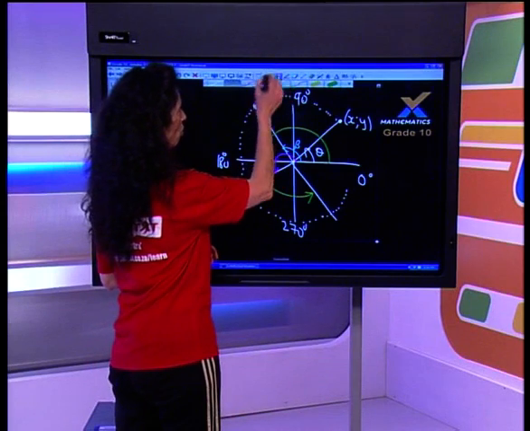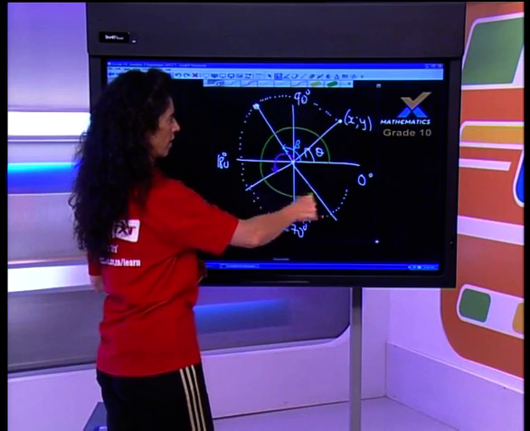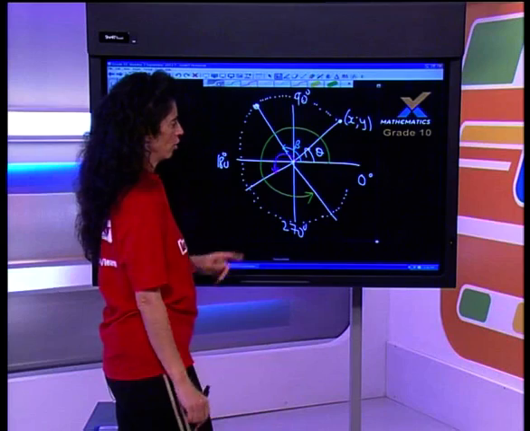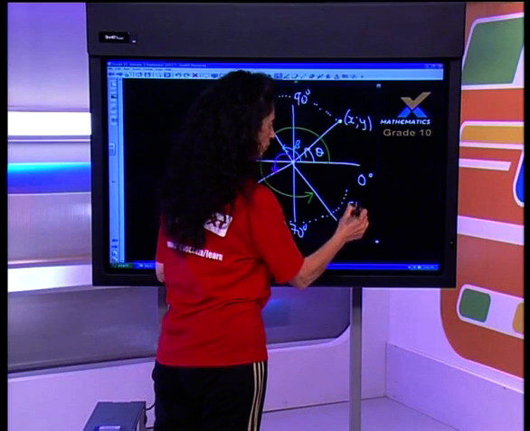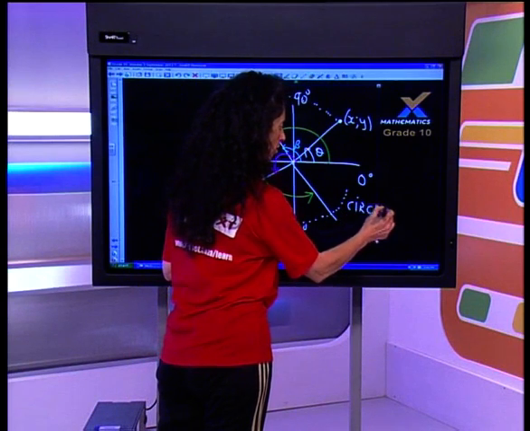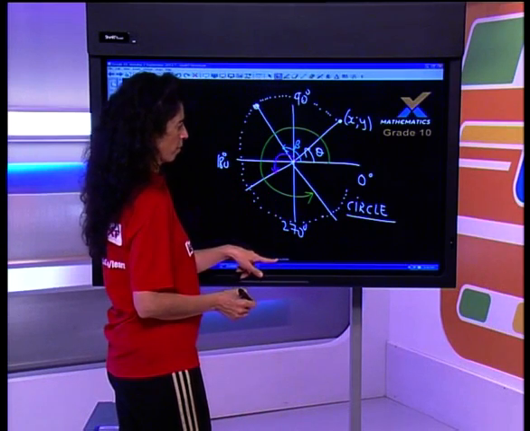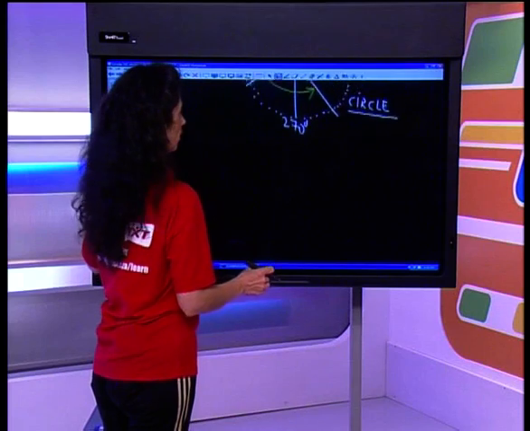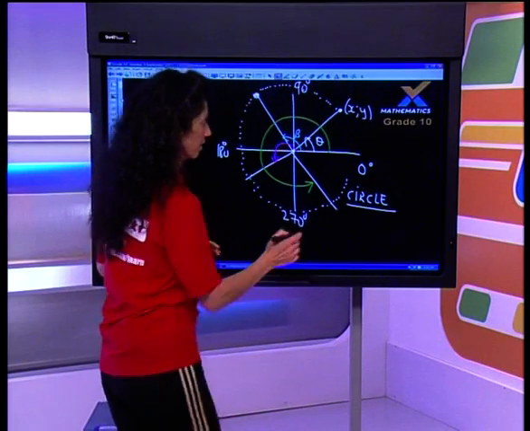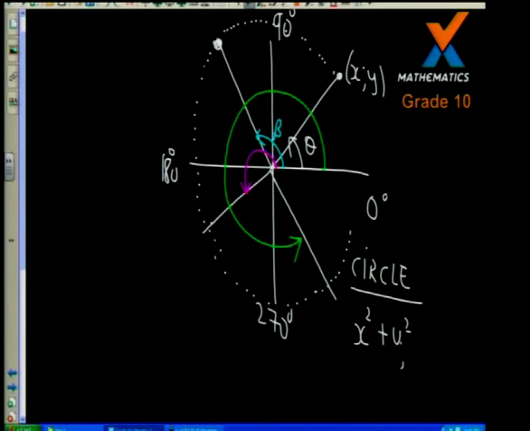And what we call the path that this ray has taken to create all these angles that have become bigger and bigger is obviously the circle. And the circle has got a relationship. A circle is not a function, but it is a relationship that looks like this. The abscissa squared and the ordinate squared will give you the radius squared.